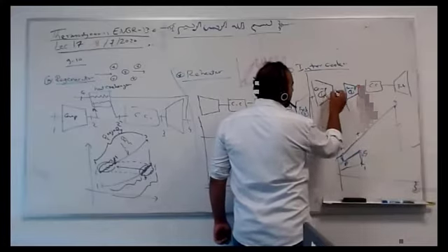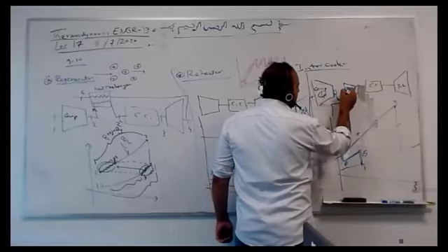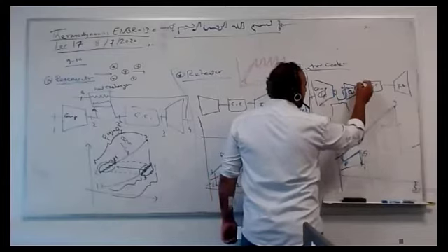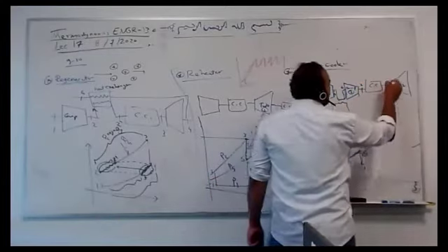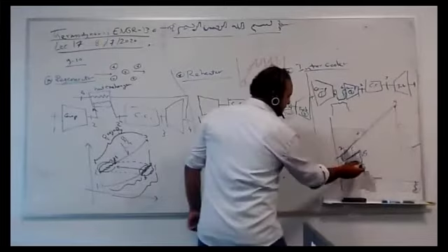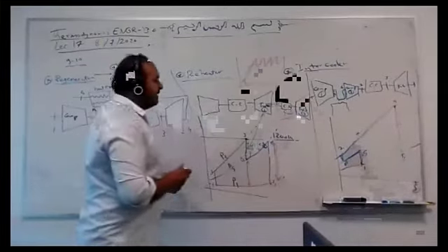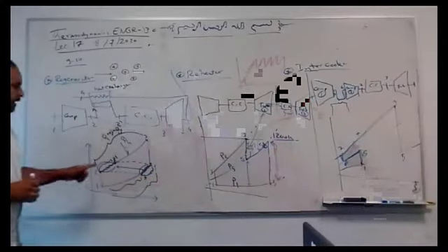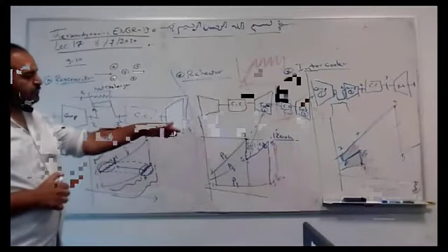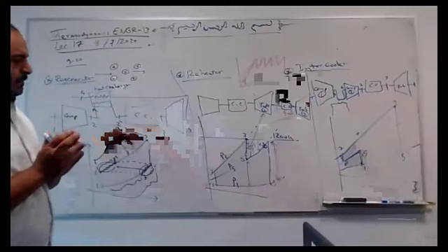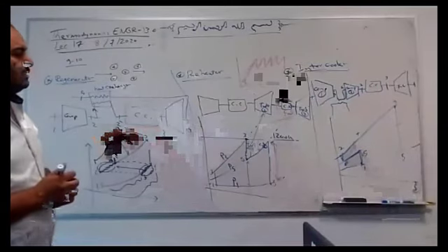This is 1, 5, 6, 2, then 3, then 4. But instead of going vertically, I'm gonna cool down from 5 to 6. Compress some, then cool it. Does it make sense, guys?